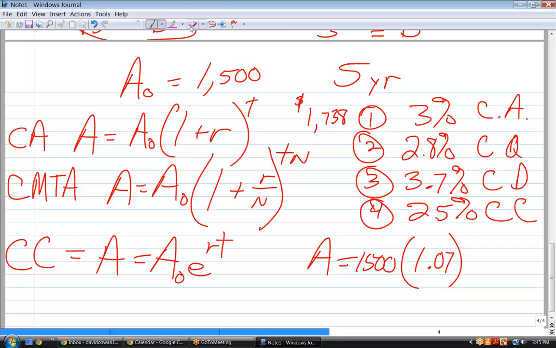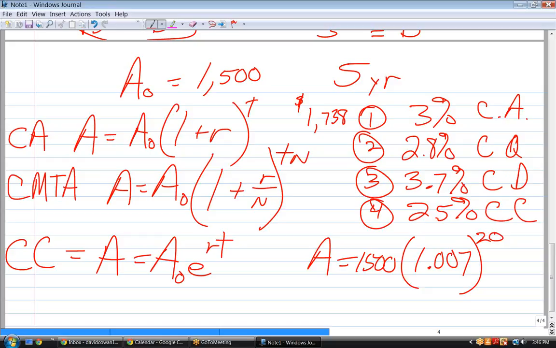Let me think about that for a moment. If I divide this by 4, it's 0.07. And what does the tn become? The tn would be 20, because it's 5 times 4. So let's have a number on that.